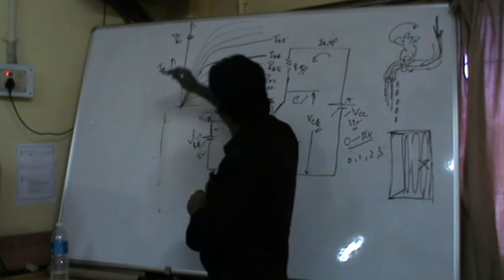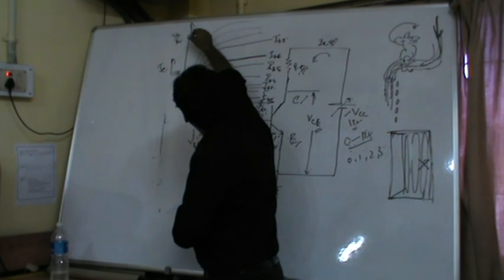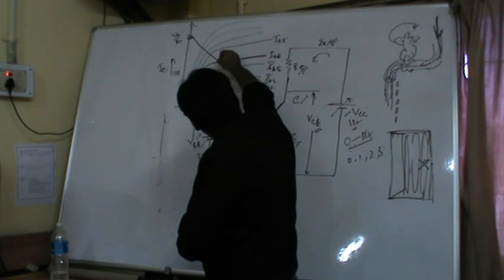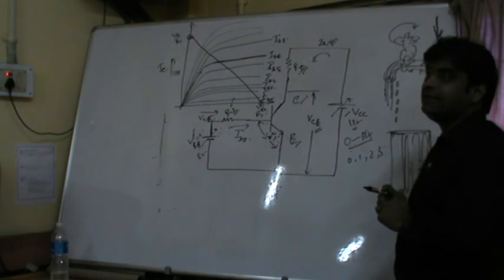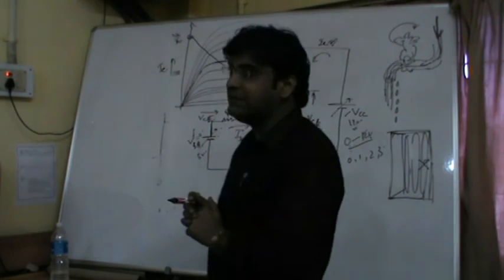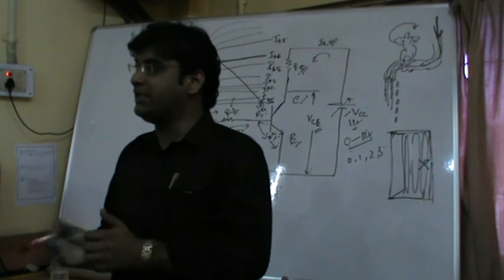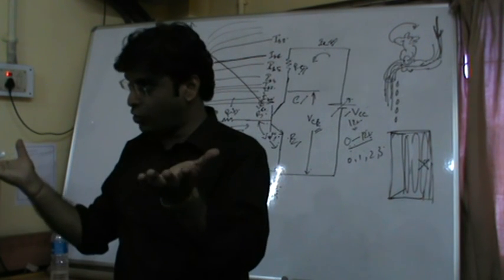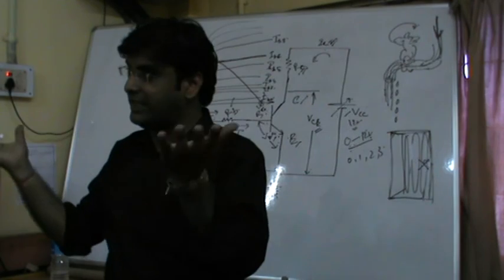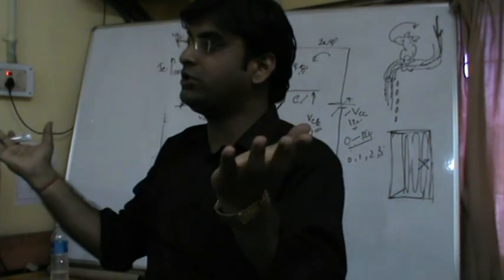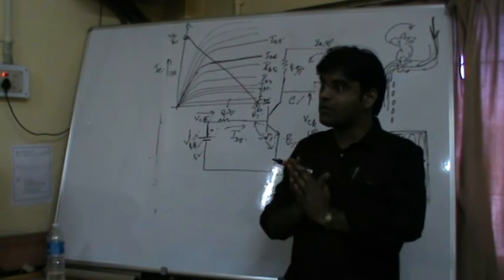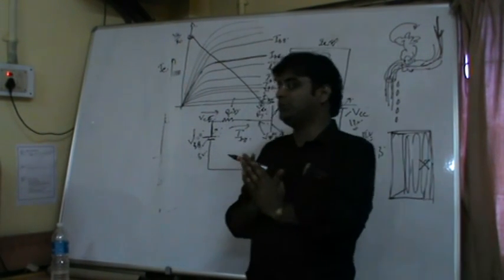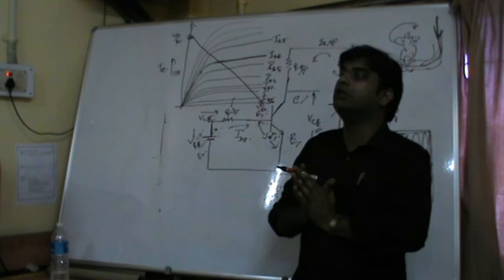If I join the maximum load of current and maximum load of voltage, a line is developed. This line is the barrier capable of taking the load of the circuit, and it is called the load line.